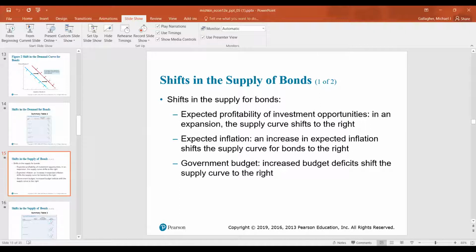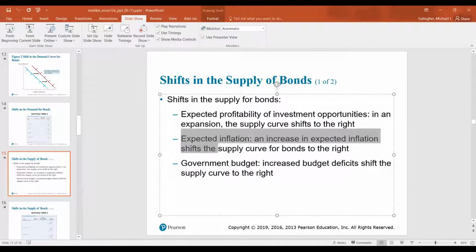Government budget: an increased deficit shifts the supply curve to the right. Governments are usually running a deficit, so they're usually borrowing more and more money, so they shift the supply curve to the right. The two things here that I'm most interested in is inflation.